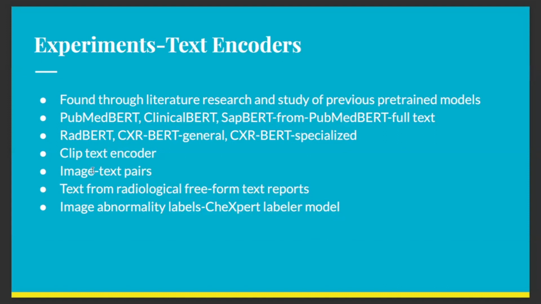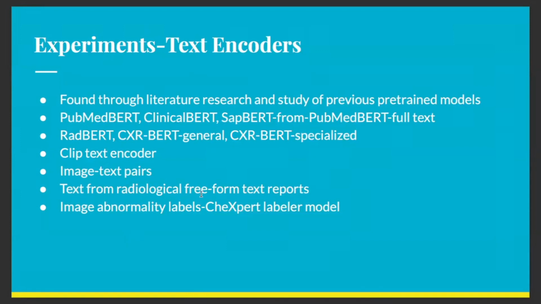And what these encoders do is they take a radiological free-form text report, which will be many sentences, and they try to extract text features from that. And those text features will then be paired with that image.